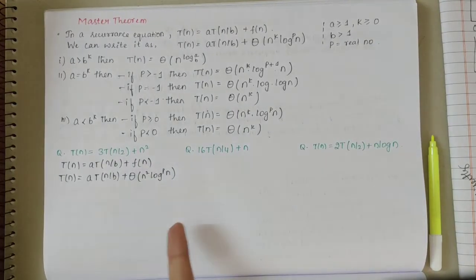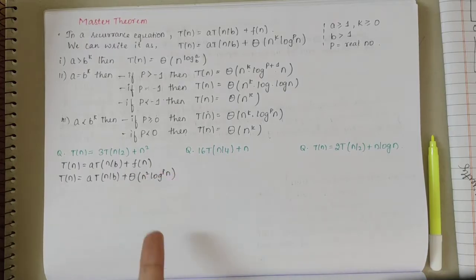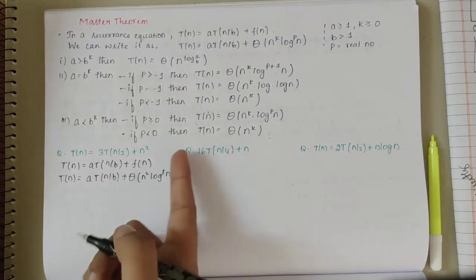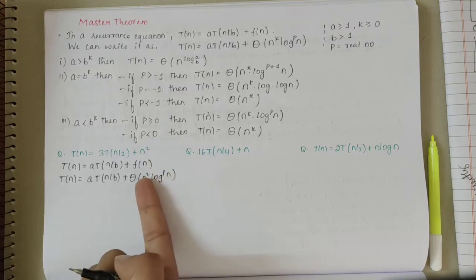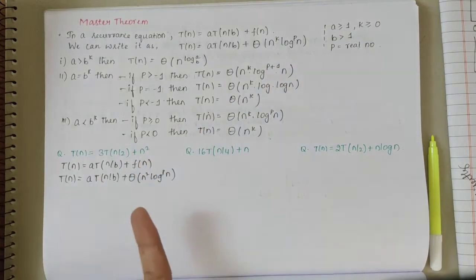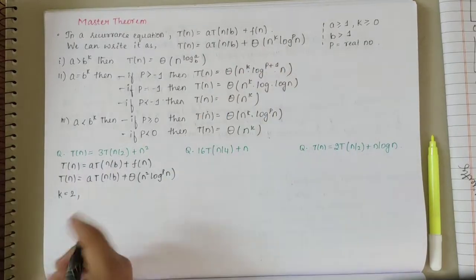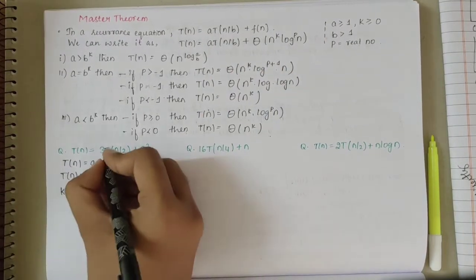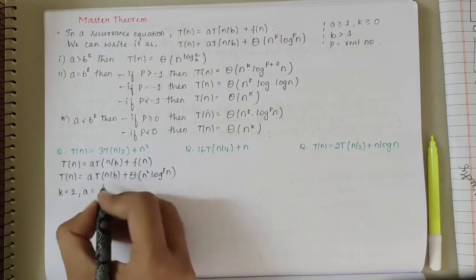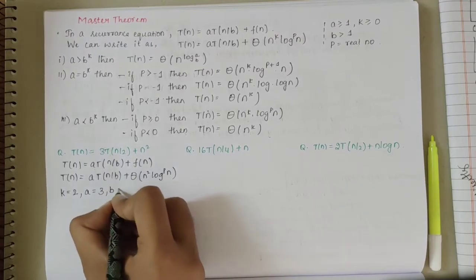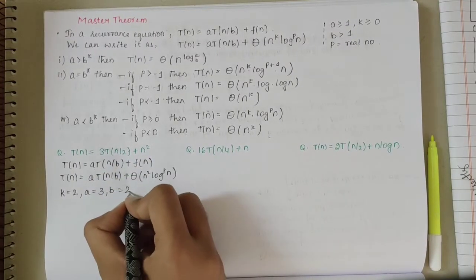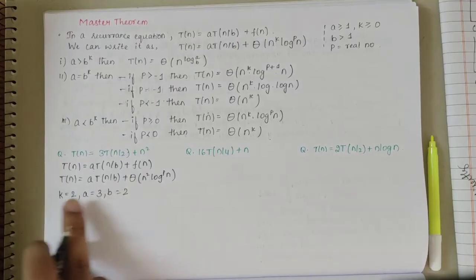In the log place, I don't have anything, so I consider it as 1. Since n square is there, k value is 2. Comparing with 3t, a is 3, and with n by 2, b is 2. So I've got the a value, b value, and k value.